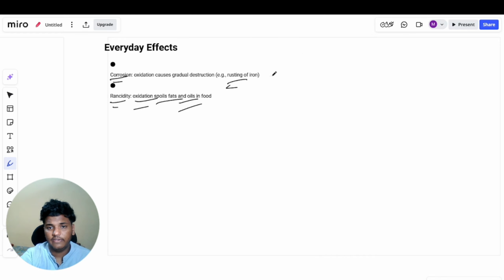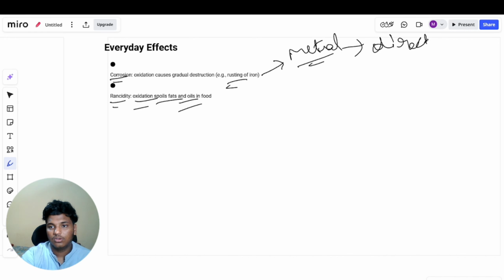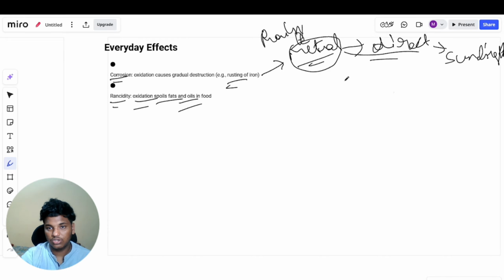What is rusting of iron? How does rust actually occur? Take any metal and keep it in direct exposure to sunlight, and due to rain, water will also fall on that metal.